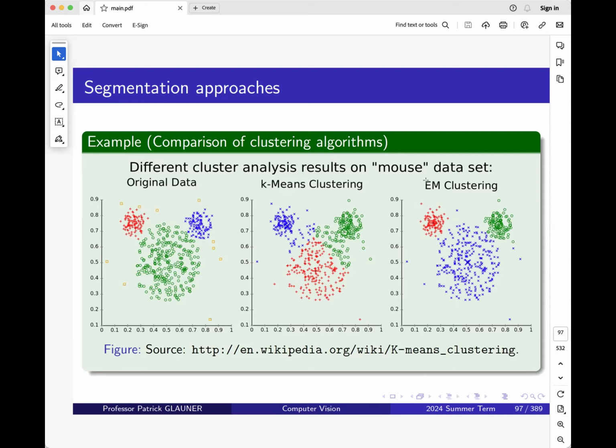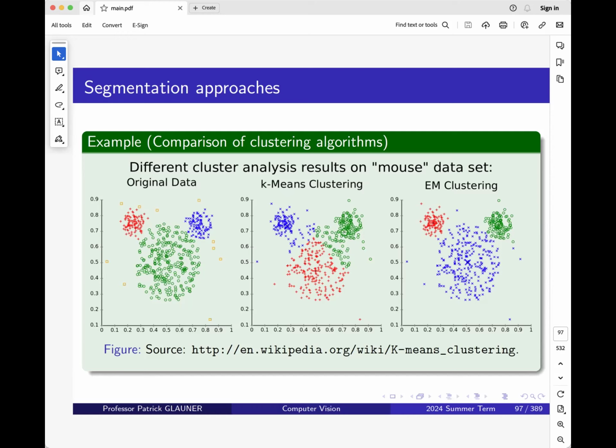Then there is a different clustering algorithm. It's the EM clustering algorithm, and EM stands for expectation maximization. Expectation maximization is an algorithm that comes from signal processing or statistics, and we heavily use it in machine learning for all sorts of models.